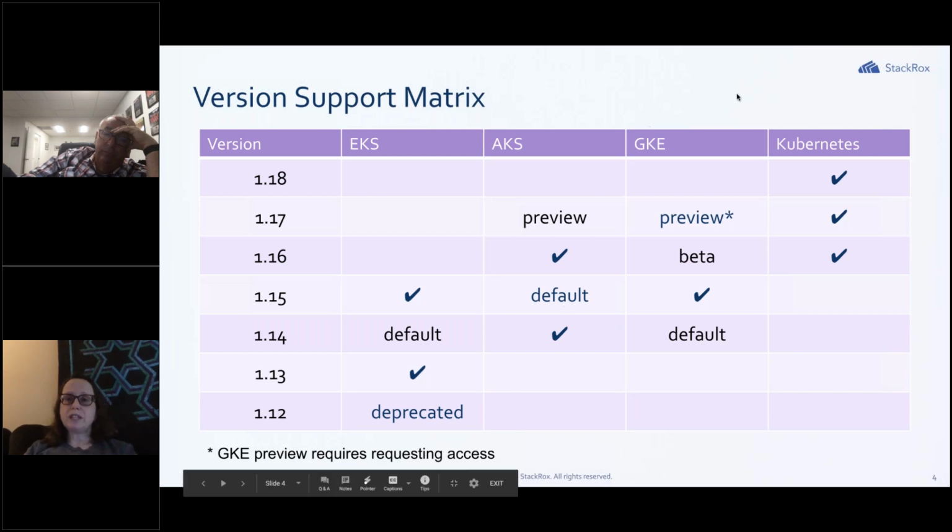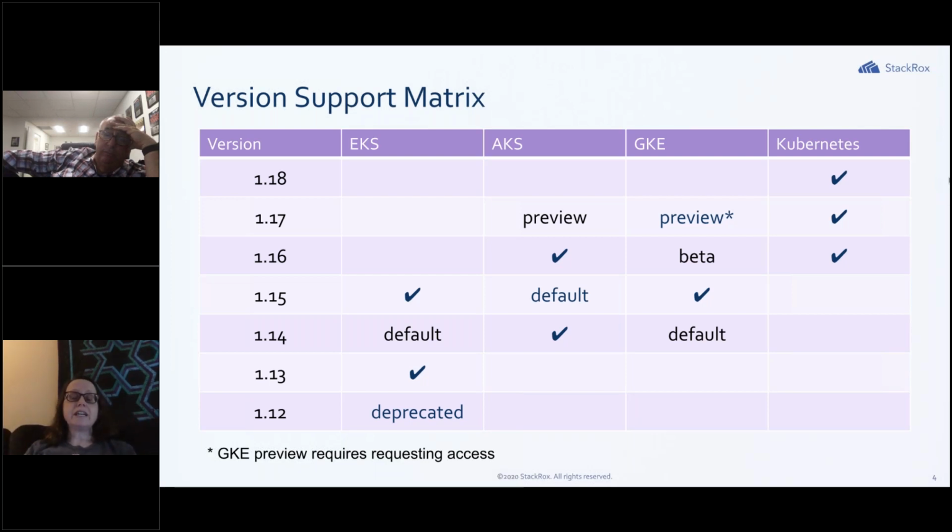So the first slide is just about version support, and this is current as of today. I haven't actually checked, but today is the official release day of Kubernetes 1.18. It may or may not be live yet. It should be live by end of the day.